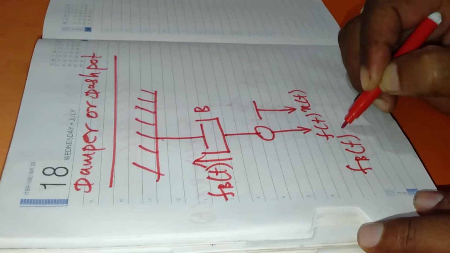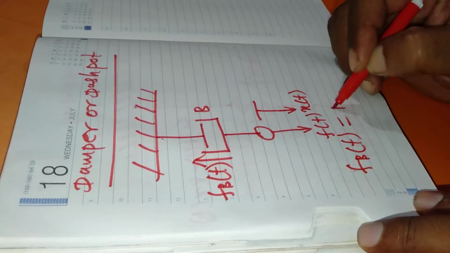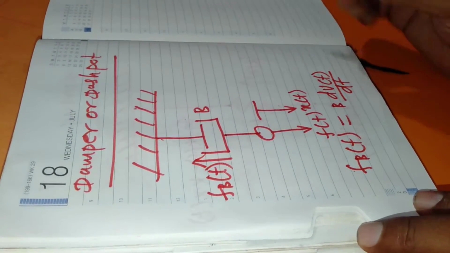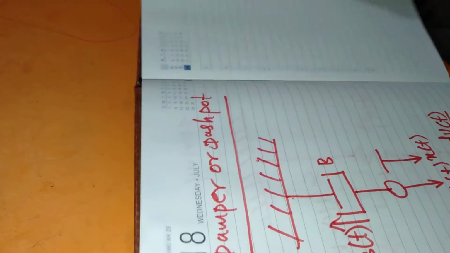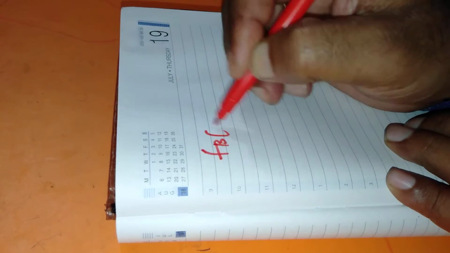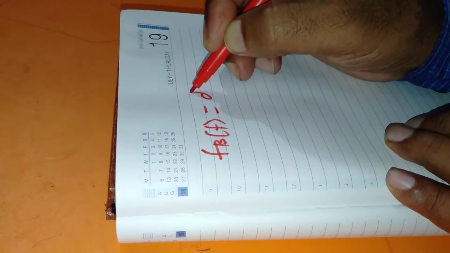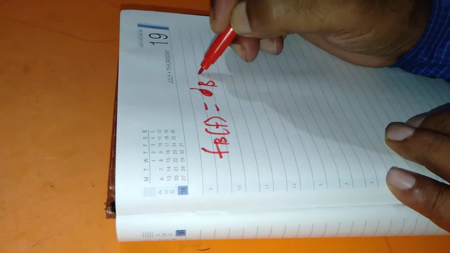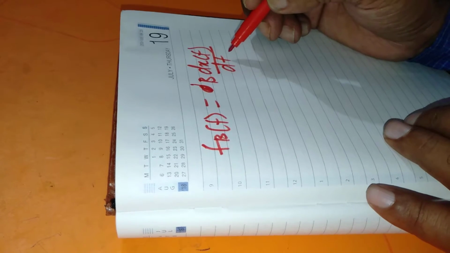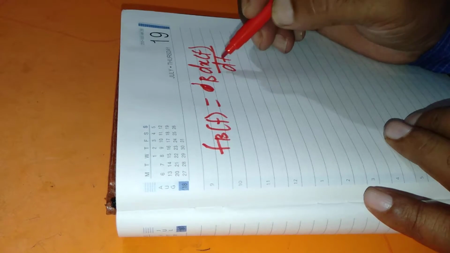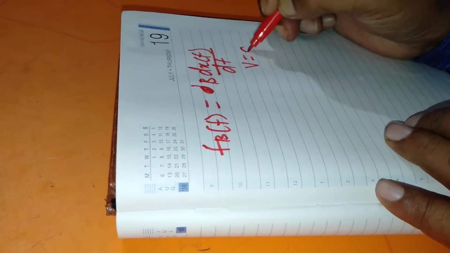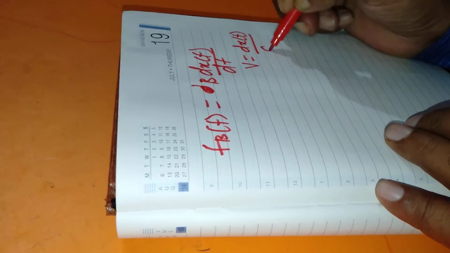That is, Fb of t is equal to B into dv of t by dt, or Fb of t is equal to B into dx of t by dt, because the derivative of displacement is equal to velocity, that is velocity is equal to dx of t by dt.